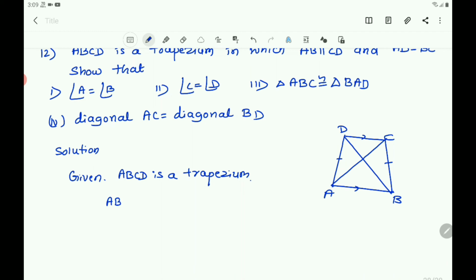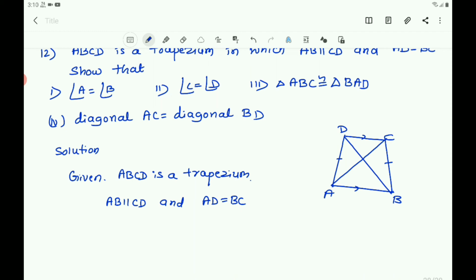You know that in a trapezium one pair of opposite sides are parallel. So here AB parallel to CD, and also it is given AD equals BC. Here the non-parallel sides are equal, so it is an isosceles trapezium.